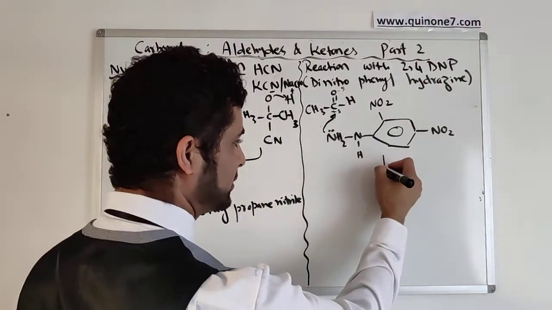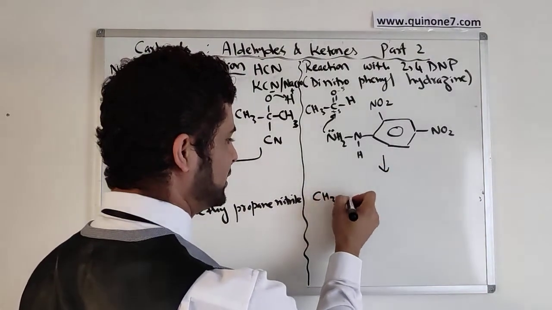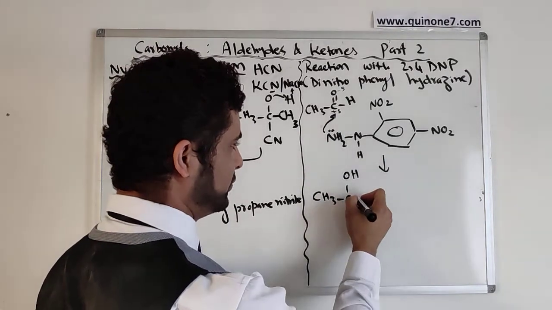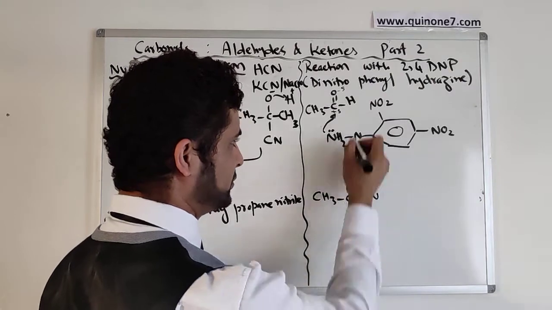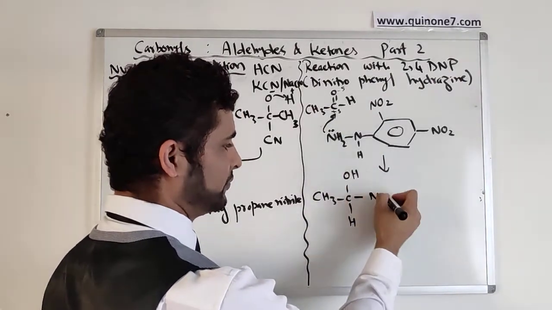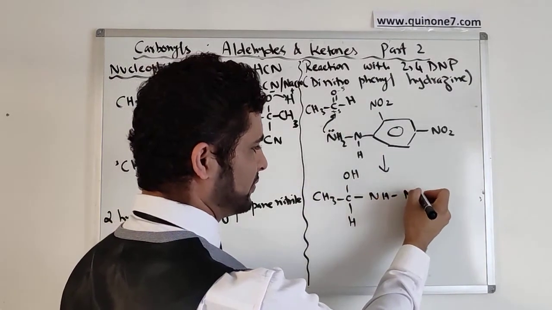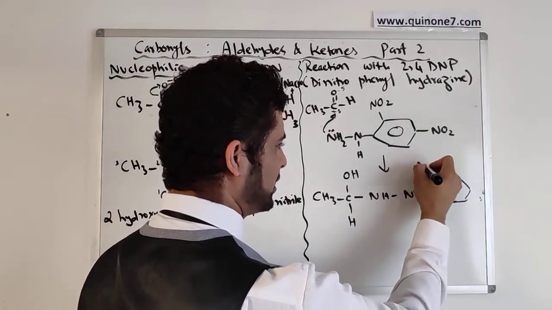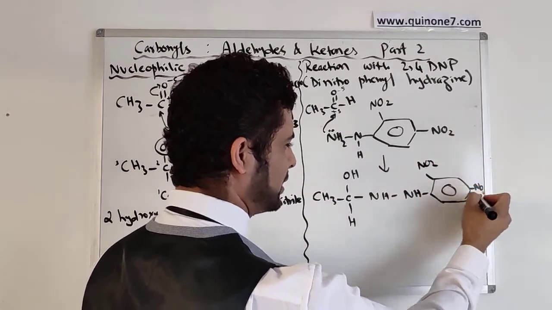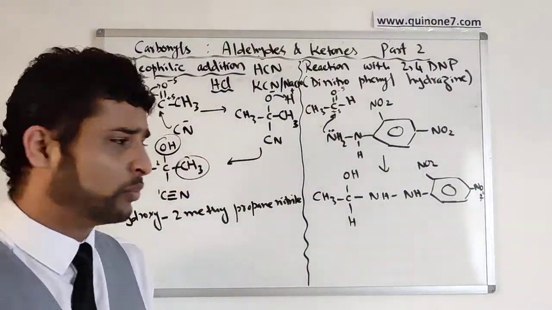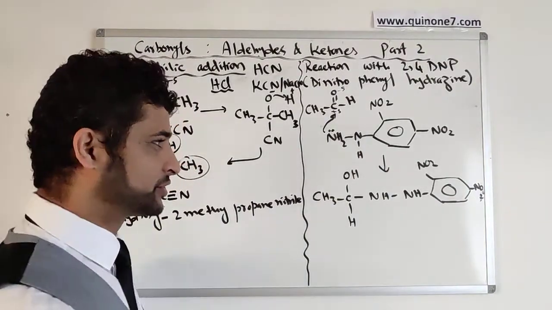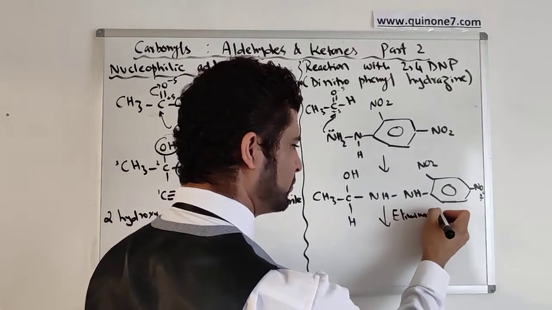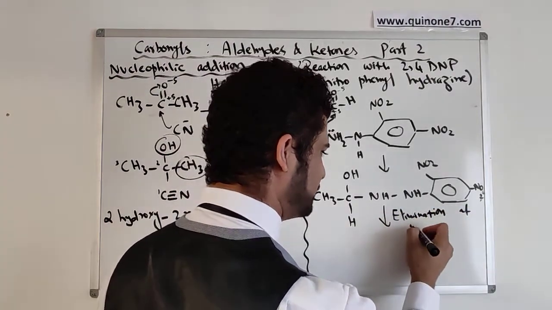Once you do that, it will be converted into CH3, C bond O, H, and then you will have N there. The hydrogen is written as it is, and you will have NH, and the benzene group with NO2 and NO2. Once you have produced this, it's not going to stop here; you have to eliminate water, which is called dehydration.